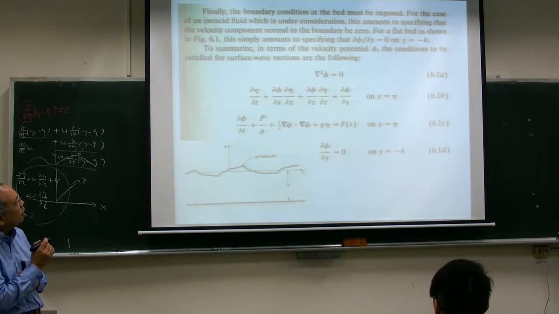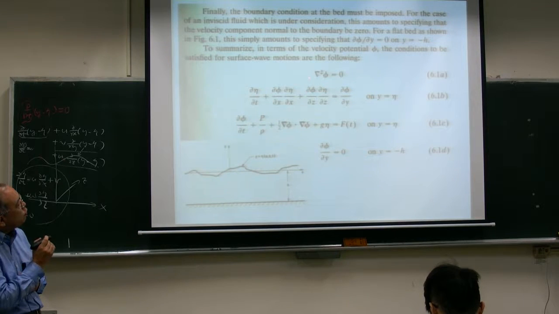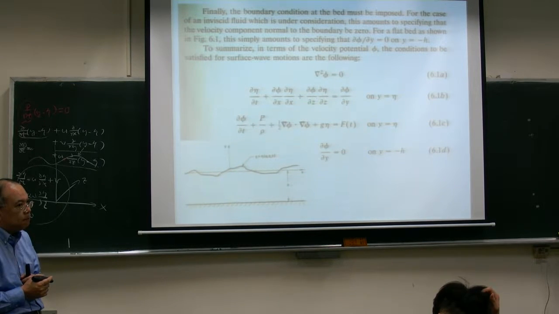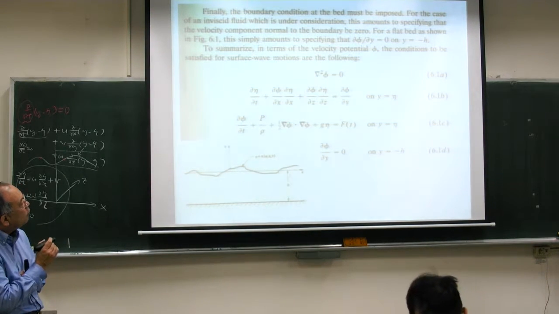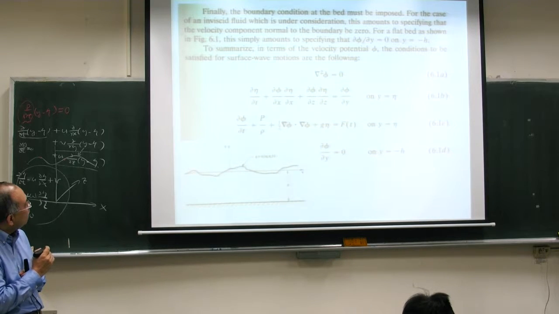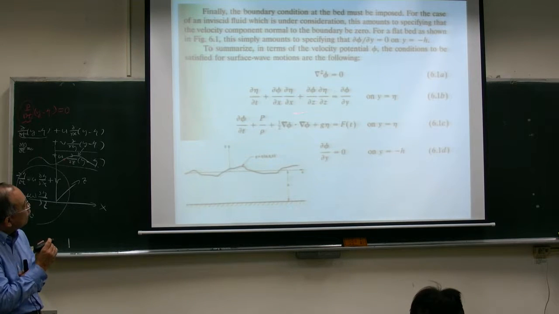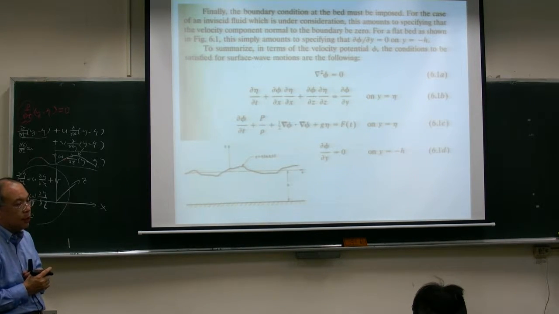Since we are using potential flow, every flow is governed by the Laplace equation, Laplacian phi equal to 0. All the flow fields can be governed by this. And on this interface here, y equal to eta, we have the so-called kinematic boundary condition.